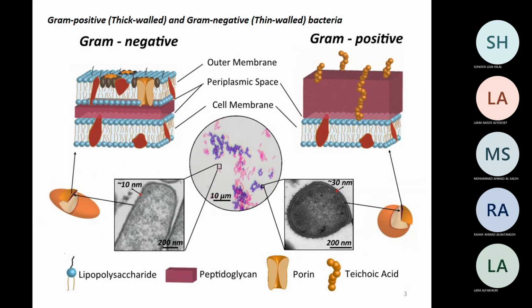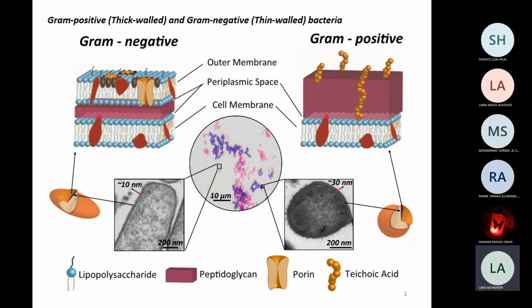طيب ما بين الجرام positive والجرام negative bacteria, those two, let's say, major subclasses of bacteria, which is based على الجرام stain, okay, something you definitely came across بالmicrobiology. The variations بالstain is due to the variations in the cell wall.